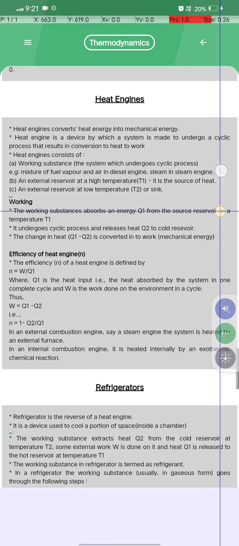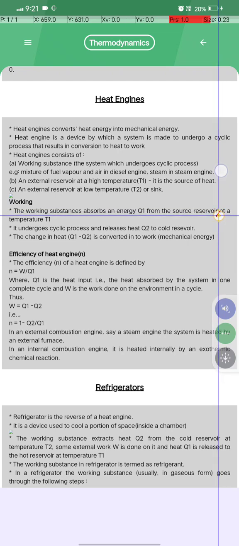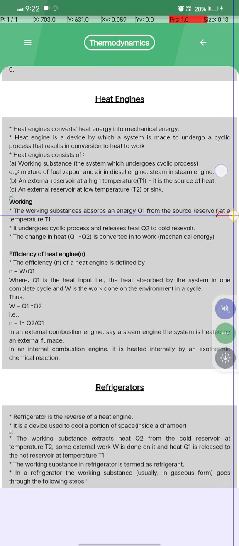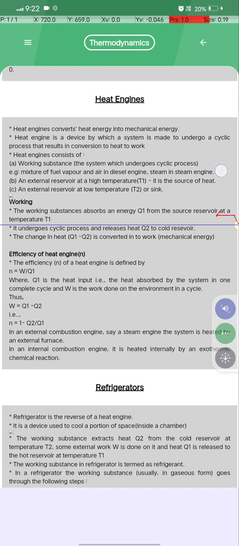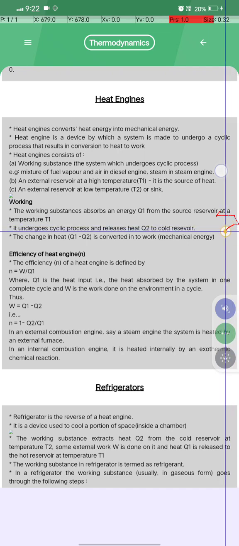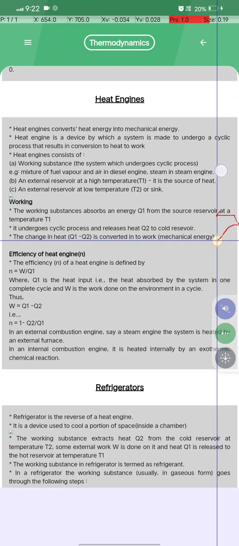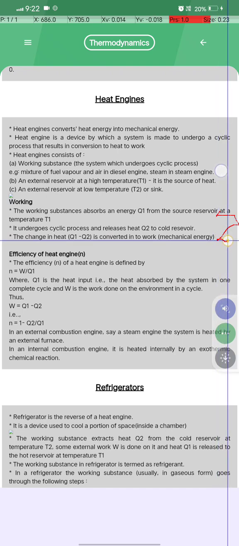How does it work? The working substance absorbs the energy Q1 from the source reservoir at temperature T1, undergoes a cyclic process and releases heat Q2 to the cold reservoir, and the difference in heat, Q1 minus Q2, is converted to work, which is also called mechanical energy.